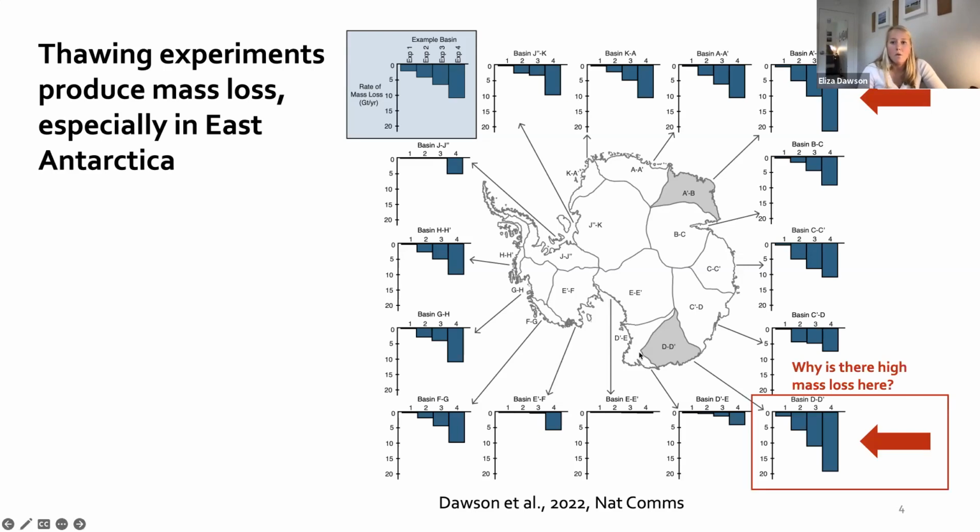And now I want to look more closely at one of these basins, this bottom right one here, labeled DD prime, which is the George V Adelie Land region of Antarctica, and take a deeper dive into what might be going on here and why my model shows such high mass loss.